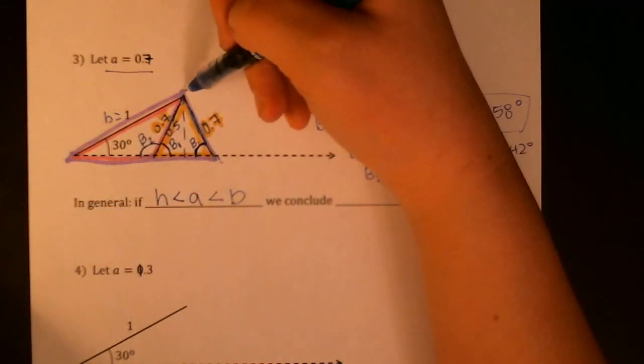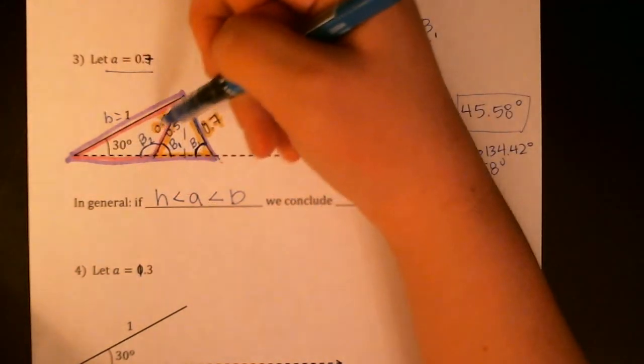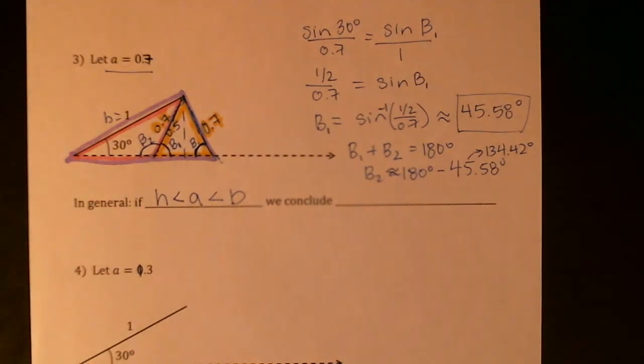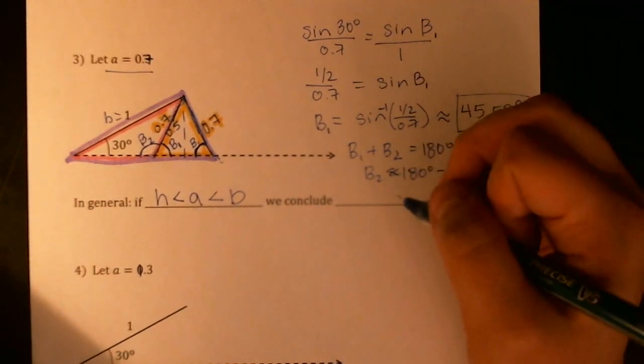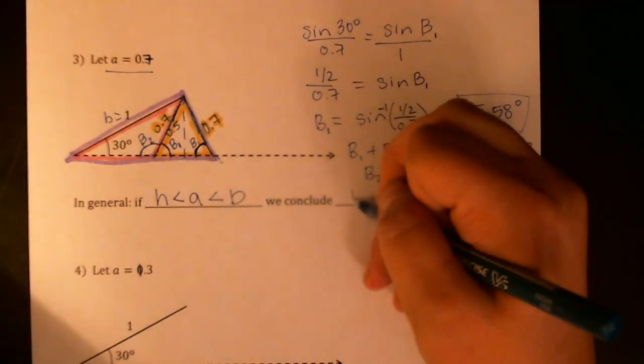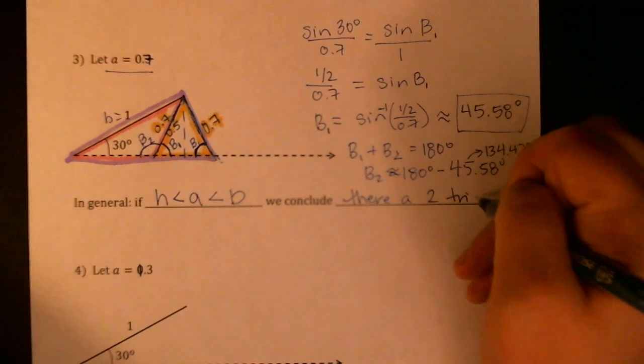If A is bigger than B, it has to stick out this direction. If it tried to stick back in, it would turn it inside out. So if H is less than A is less than B, we conclude that there are two triangles.